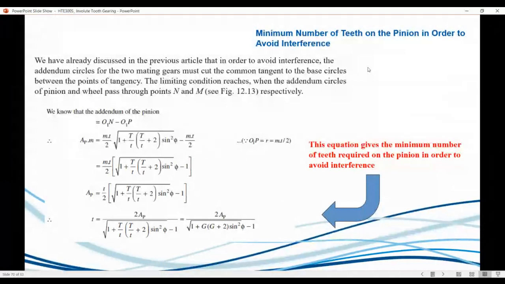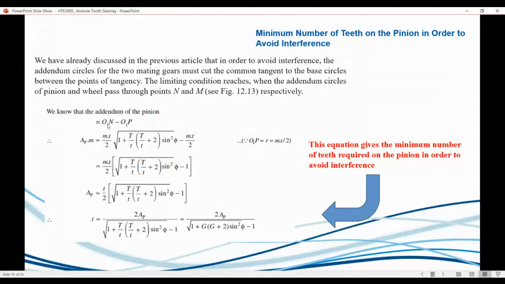If you look at this formula here, it gives you the addendum. Remember, we talked about addendum, so that is the maximum addendum for the pinion, which is going to be T over 2 root 1 plus big T over small t, and obviously it has different variations. Essentially, it's telling you what the addendum of the pinion is.